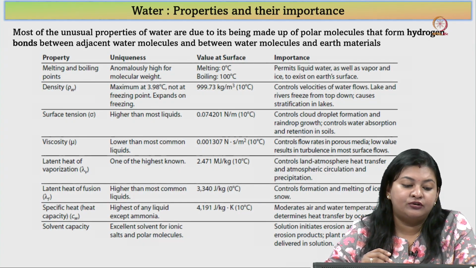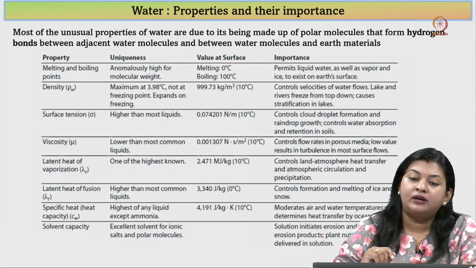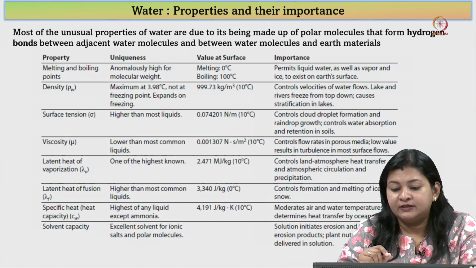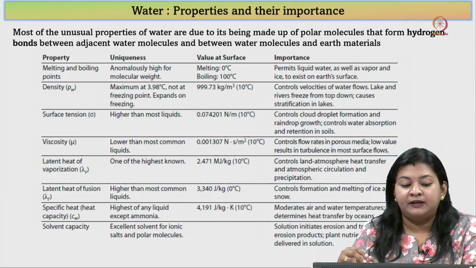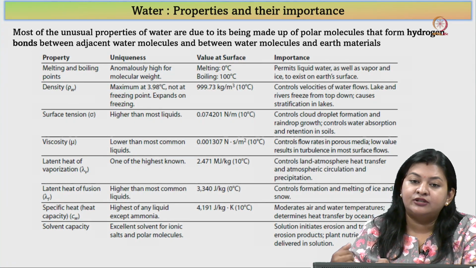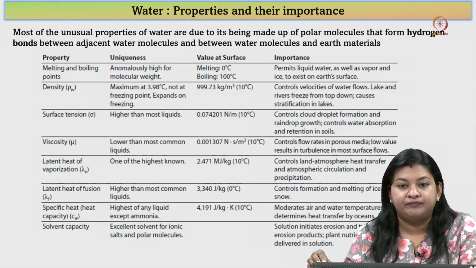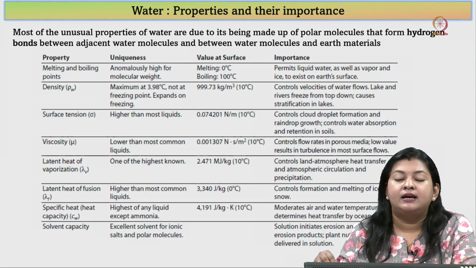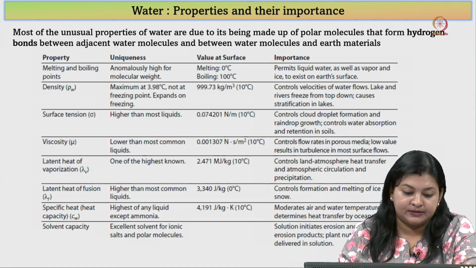These properties are due to the polar nature of the molecules, and mostly due to the bonds formed between adjacent water molecules and between the water molecules and other materials. These are the bonds that control and maintain these properties.